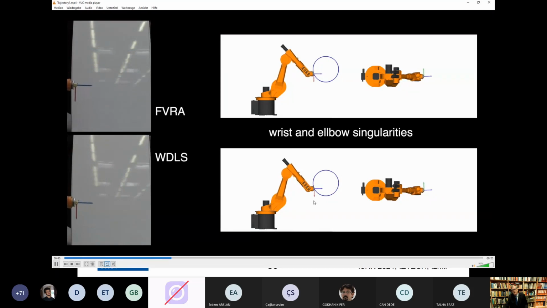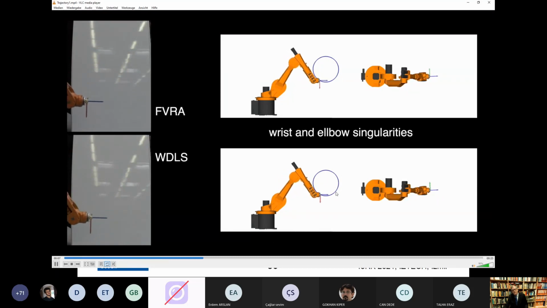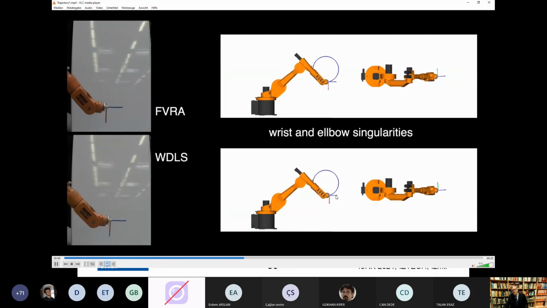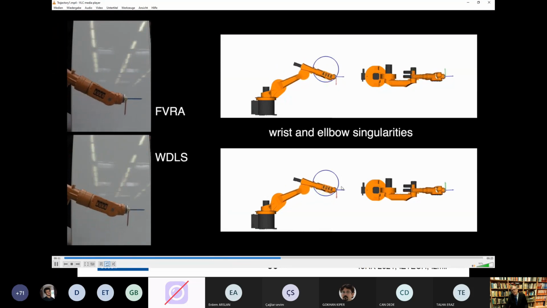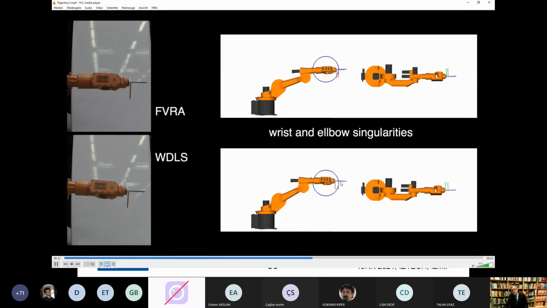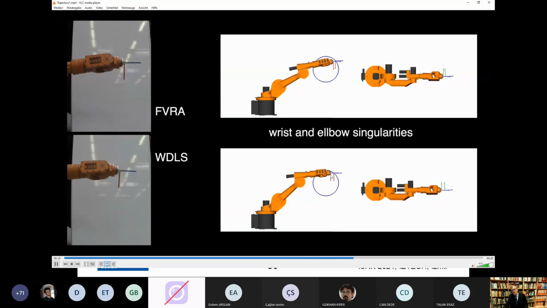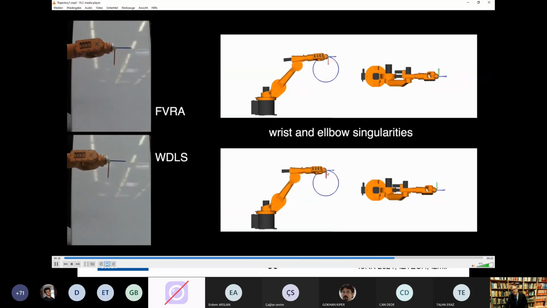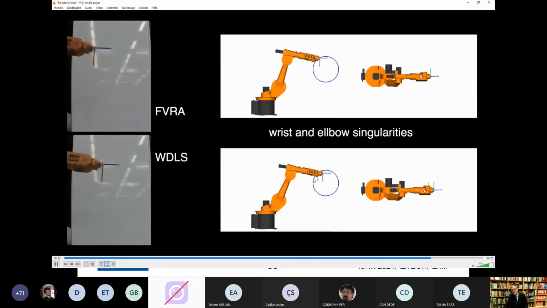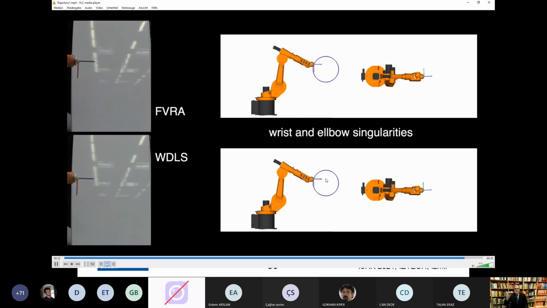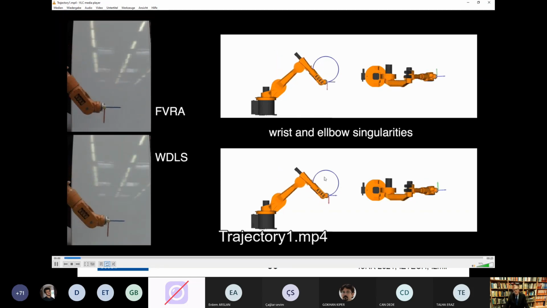While if you use this weighted least damper method, then once you pass through this singularity, again, the robot will not reach. But as you can see, the error remains for much longer and might even oscillate to the other side, because you have this kind of damping behavior and so on.